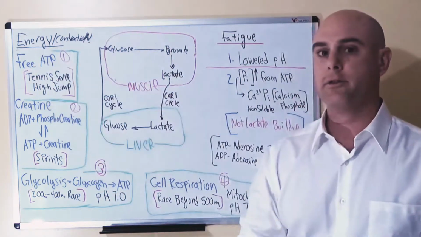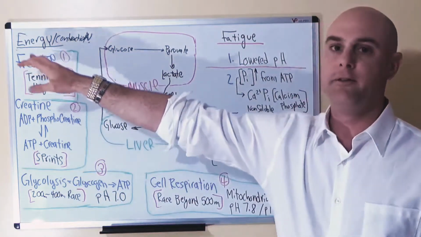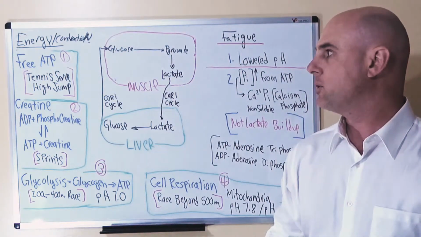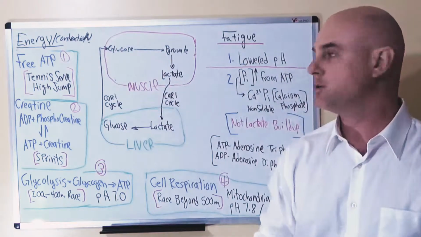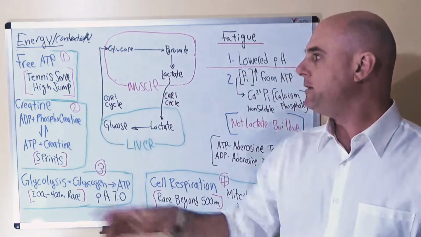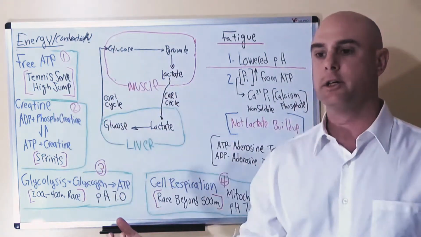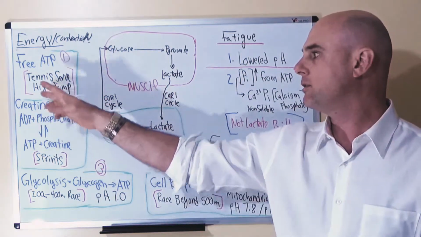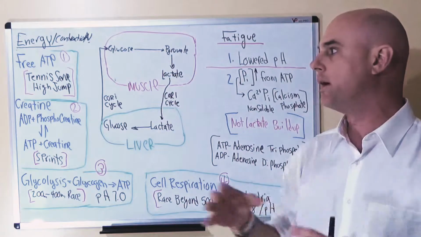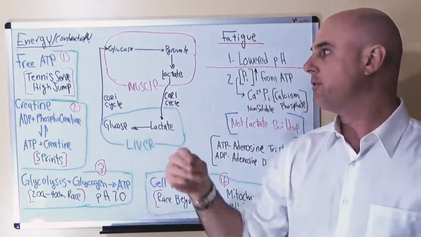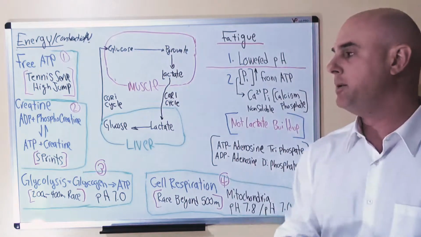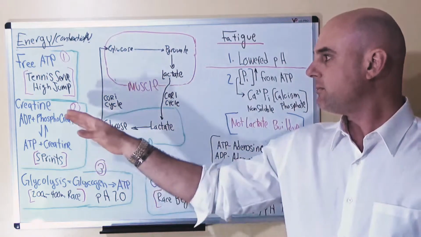Okay, so skeletal muscle uses ATP for energy, and ATP is a driving energy source for contraction and motion. Basically, if you're going to catch a glass off a table, or jump high, or do a tennis serve, anything that requires those short bursts of energy, the skeletal muscle has free ATP available for that.